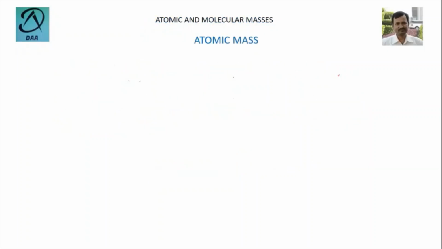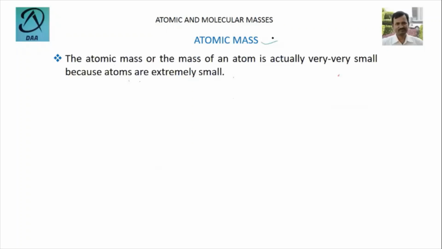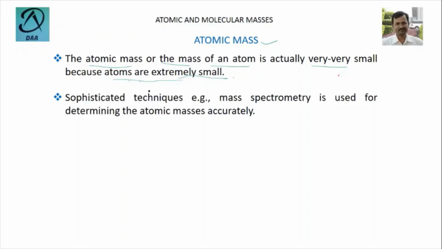Now we'll come to the atomic mass. The atomic mass or the mass of the atom is actually very, very small because atoms are extremely small. Nowadays, the sophisticated technique of mass spectrometry is used for determining the atomic masses accurately.